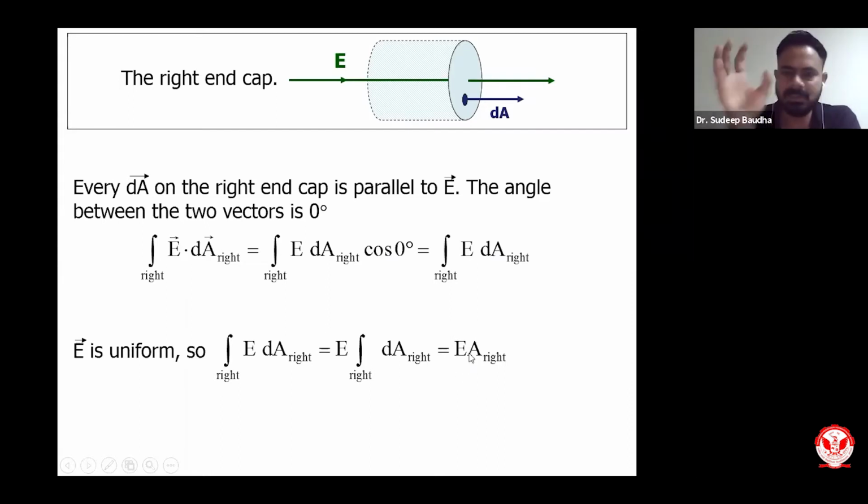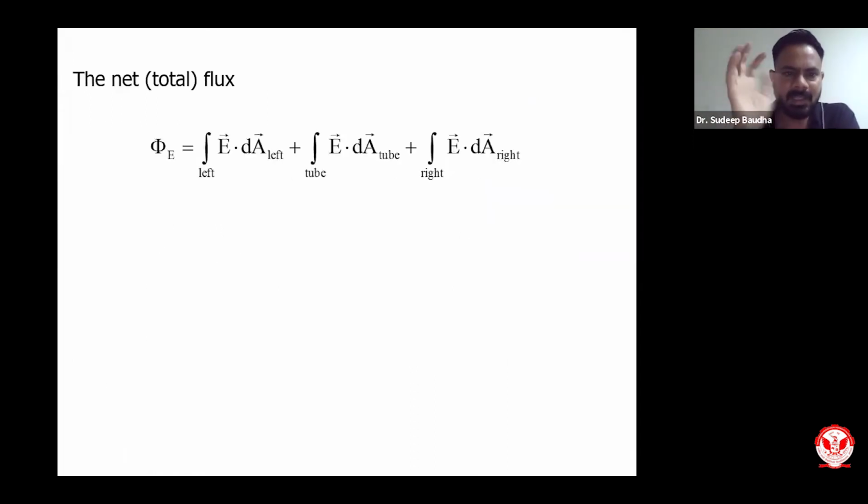So these were the three geometries. You know the flux because of the left hand cap, the flux because of the right hand cap, and the flux because of the tube. Now finally, I can add all those, and I can see the total flux on that cylindrical geometry will be because of the surface in the left cap, the surface in the right cap, and the surface of the tube.